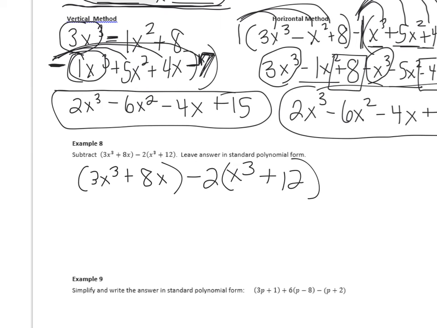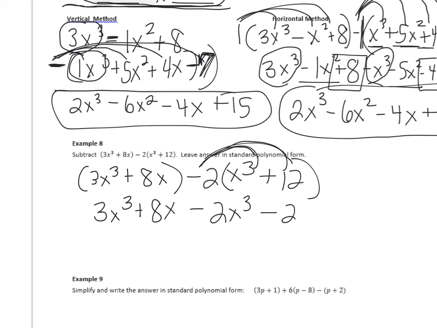When they put a negative 2 there, it's more obvious that you need to distribute through the second set. So we can drop the parentheses here. But when we distribute, negative 2 times x to the third is negative 2x to the third. Negative 2 times 12 is negative 24. Notice the signs of those terms in the second set change to their opposite.